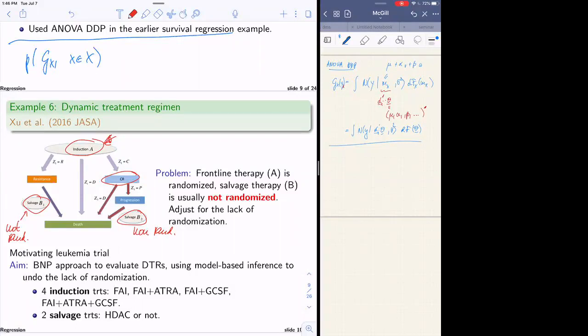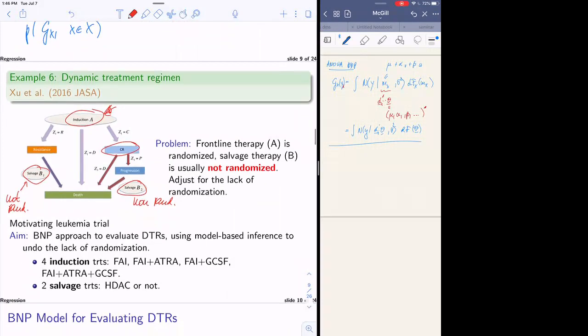To compare different treatment strategies, we have to adjust for the lack of randomization. And that's exactly where the DDP will come in. We are going to use a DDP model to model overall survival for patients in this study. The way we'll go about it is, see in that little flow chart.